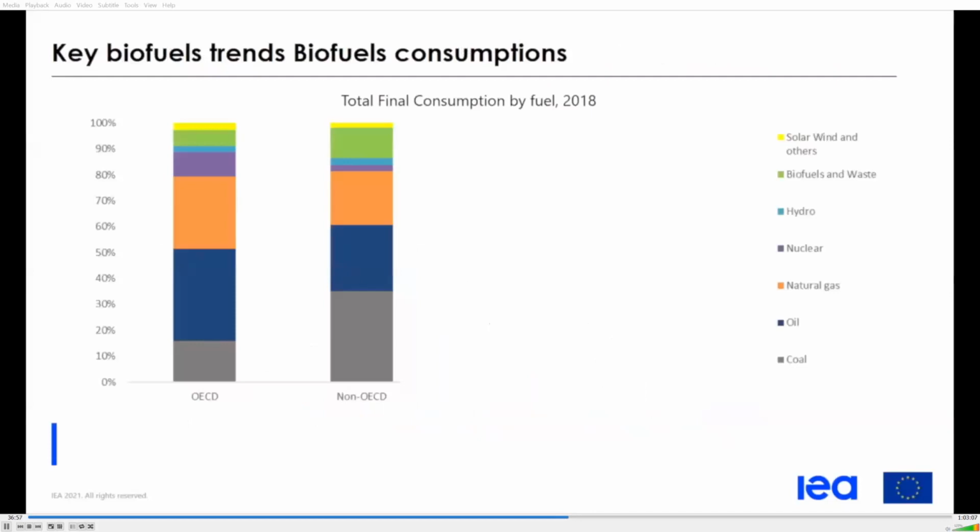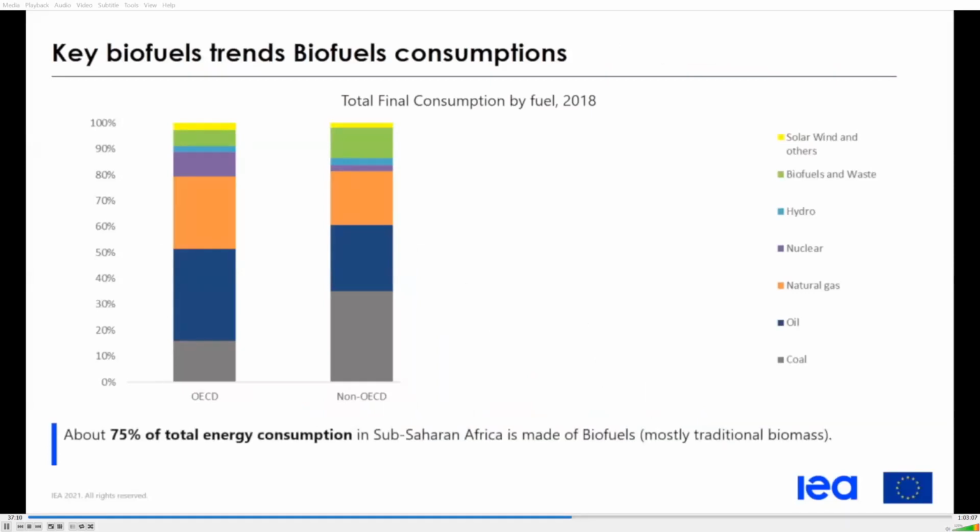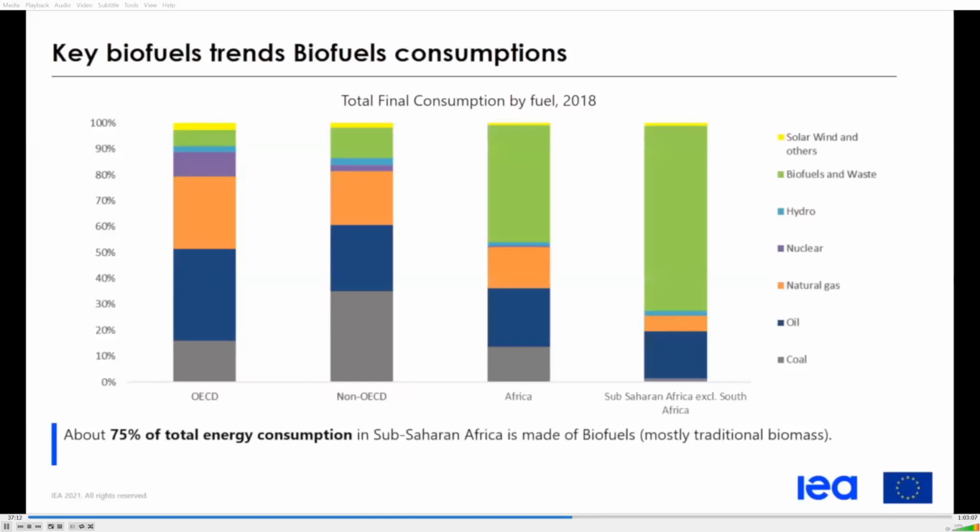Now we will focus a little bit more on the biofuels part, which are, as we said before, important in Africa. So here is a reminder of the previous slide we showed before. In sub-Saharan Africa, around 75% of total energy consumption is made of biofuel and mostly traditional biomass.